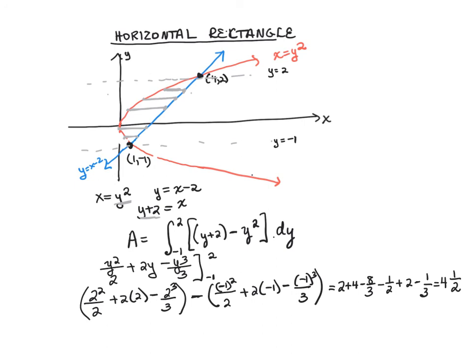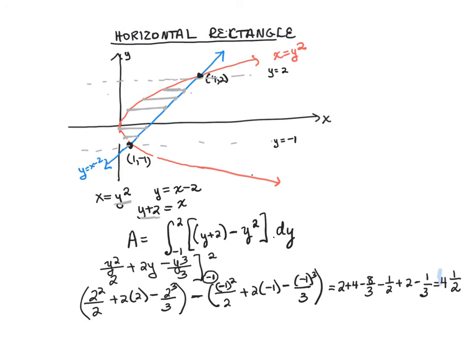Please put parentheses around your negative numbers when one of the upper or lower limits of integration is negative. And then very, very carefully evaluate if you don't have a calculator. The chances of making an error are very high here because there are so many little things that could go wrong. But the final answer comes out to be, I believe, 4.5.